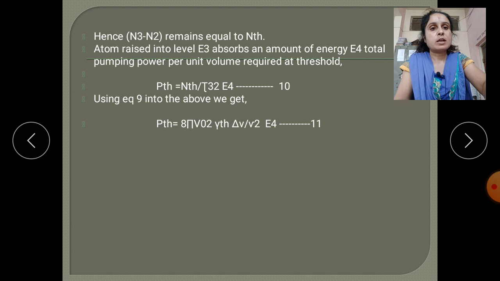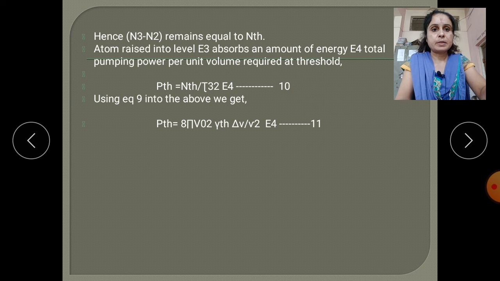Raising the atoms from the ground state up to excited states will be generated in the form of lasing action. The pumping power per unit volume required to reach the threshold value, PTH, is equal to NTH upon time period 32 times E4, the energy level. That will be represented as equation number 10.